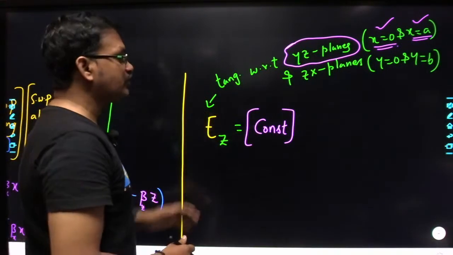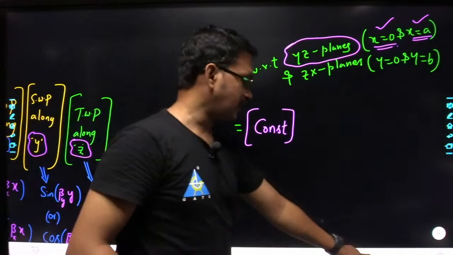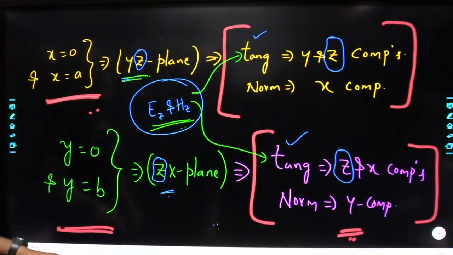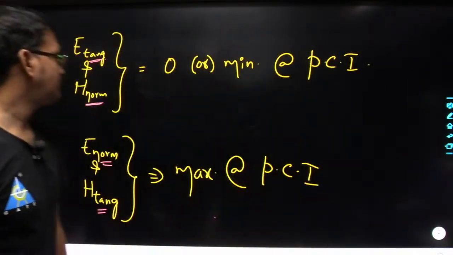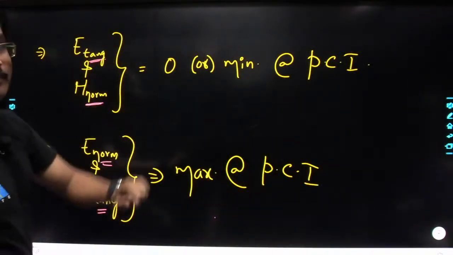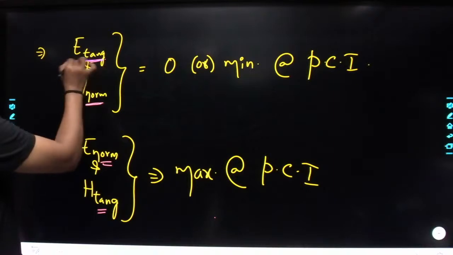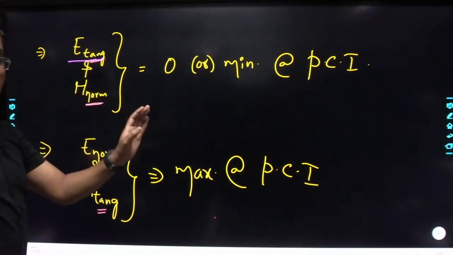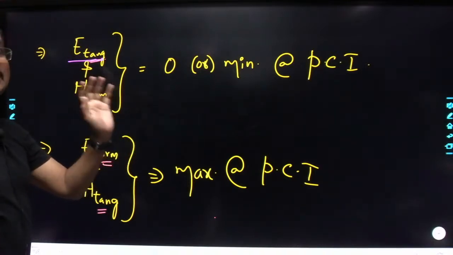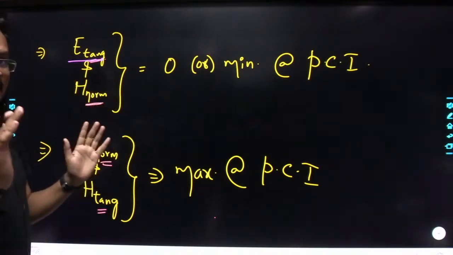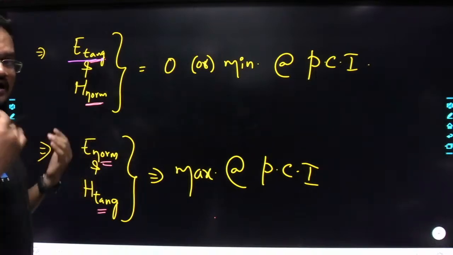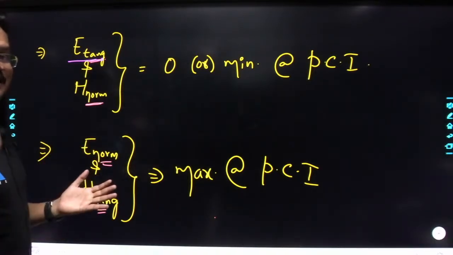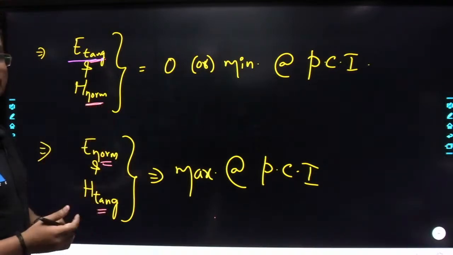And we know that the tangential component of electric field must be 0 at the perfect conducting interface. As you move along x, you have perfect conducting interfaces at x equal to 0 and another at x equal to a.